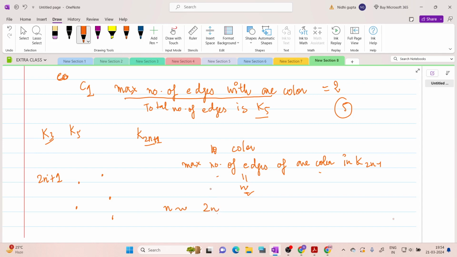So the maximum number of edges of one color in K2n plus 1 is n. And the total number of edges in K2n plus 1 is (2n plus 1) times 2n divided by 2, that is n into (2n plus 1). So that means we need at least 2n plus 1 colors.